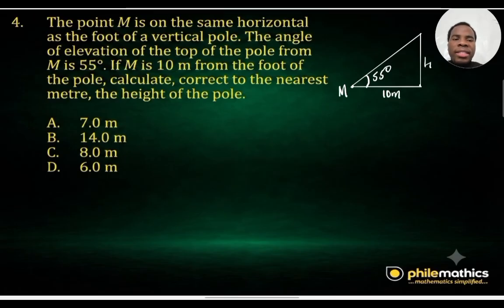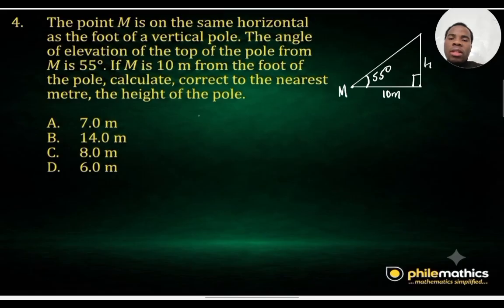To find what h is, we simply use trigonometric ratios. Since we know that the adjacent is given as 10 and we're looking for the opposite, what comes to mind using SOHCAHTOA is tangent.